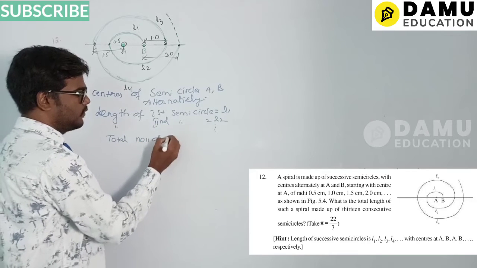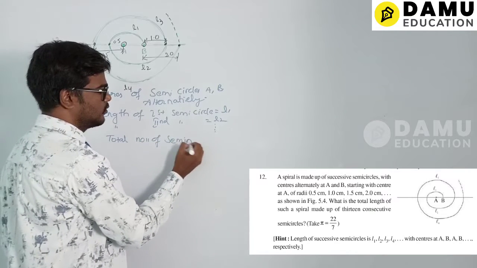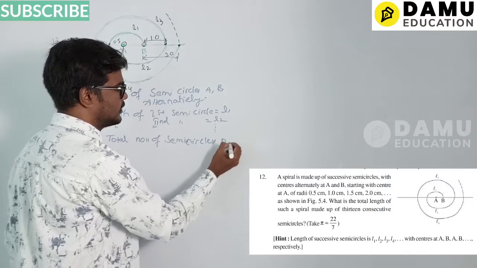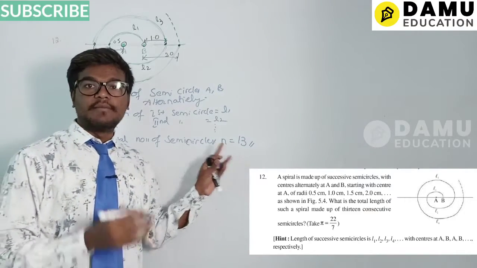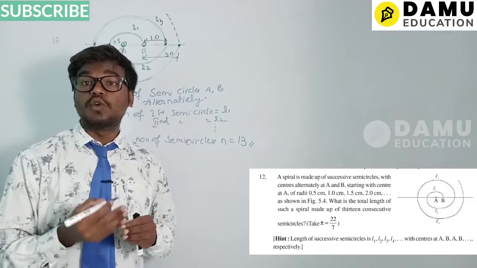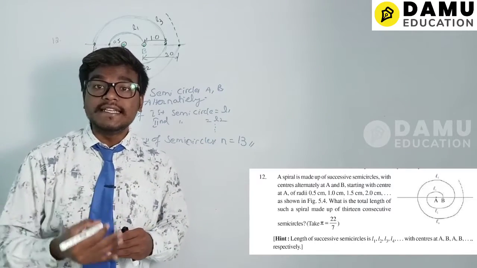The total number of semicircles N is equal to 13. We have to find the total length of the 13 semicircles.